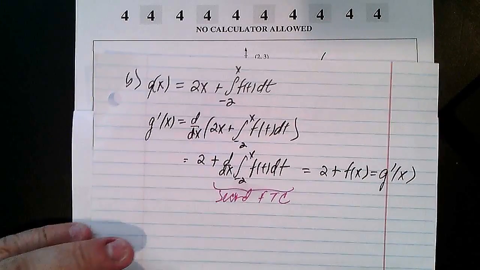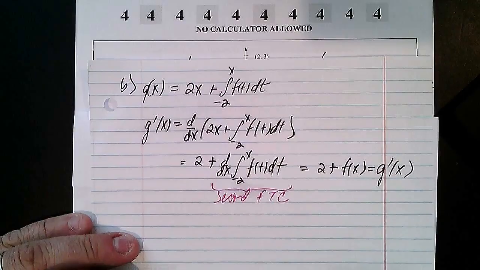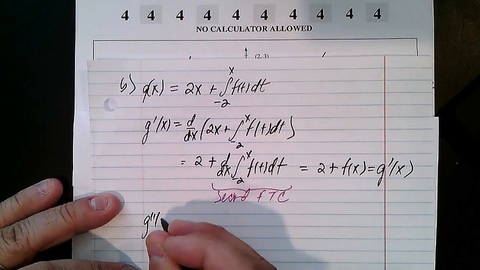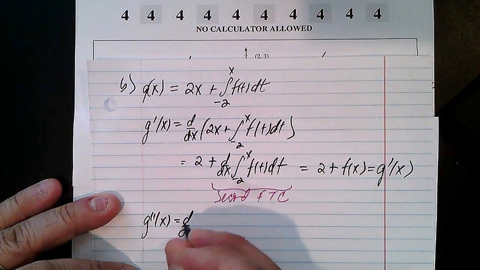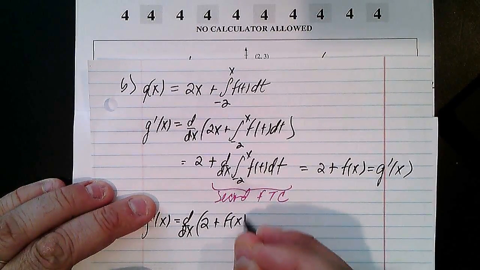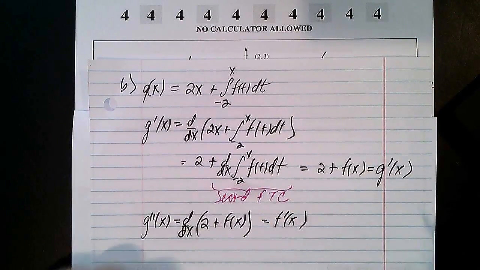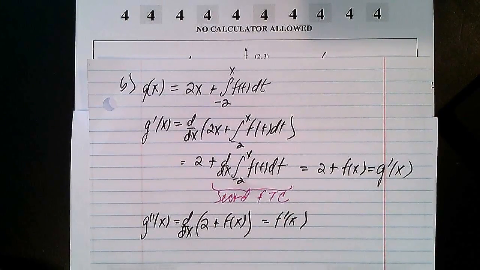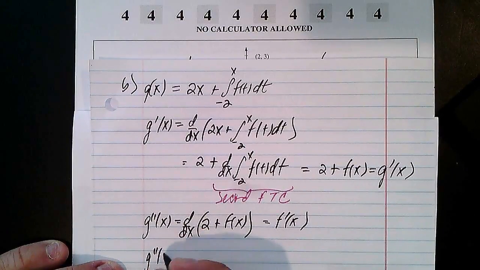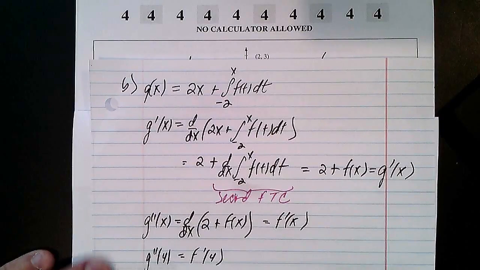Now, remember, we're trying to find g double prime of 4 and g double prime of negative 2. G double prime means we need to find one more derivative. We need to find the derivative of 2 plus f of x, which is just f prime. G double prime of 4 is f prime of 4.